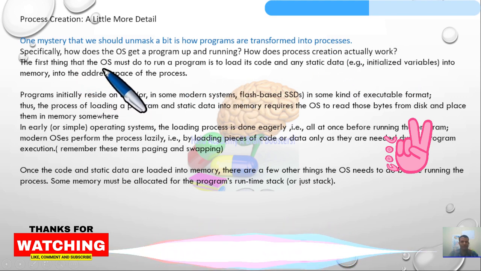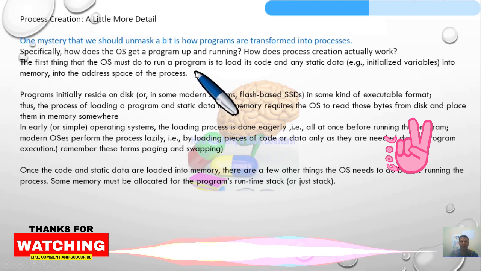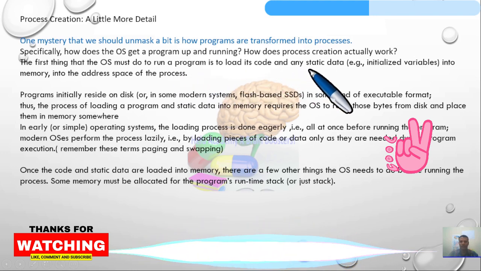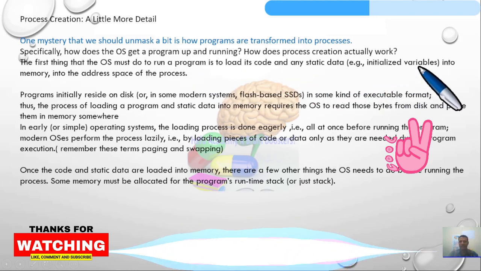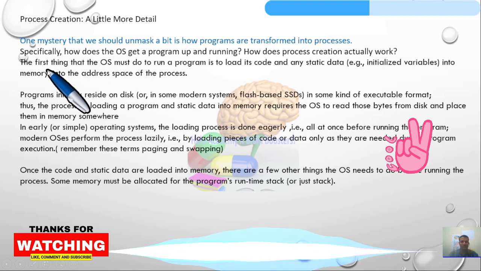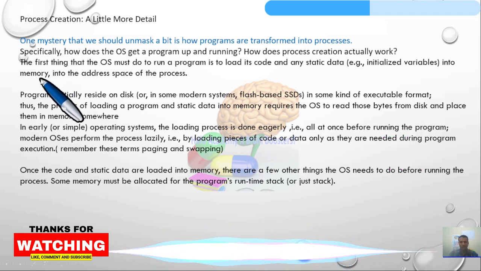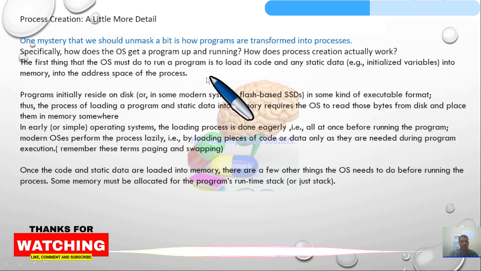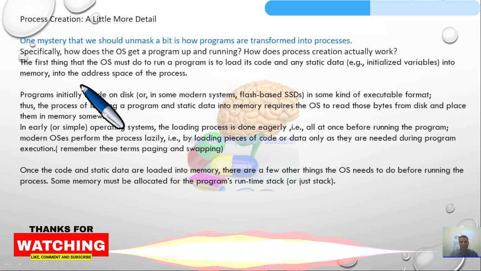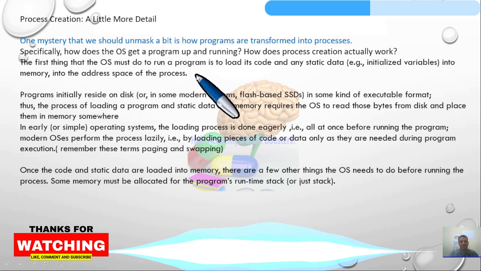The first thing that the operating system must do to run a program is to load its code and any static data, initialized variables, into the memory. Because as per Von Neumann architecture, this is the requirement. You have to load all the required code and instructions into the primary memory, into the address space of the process.